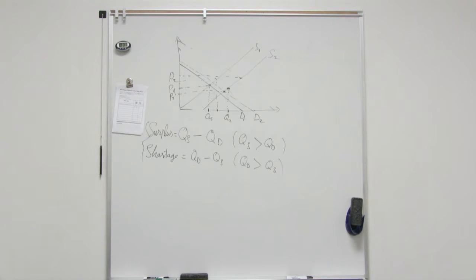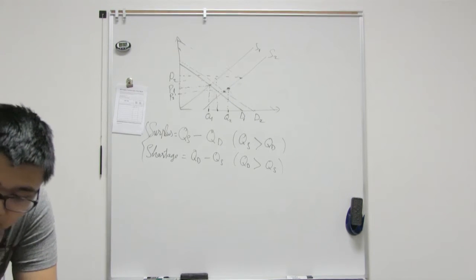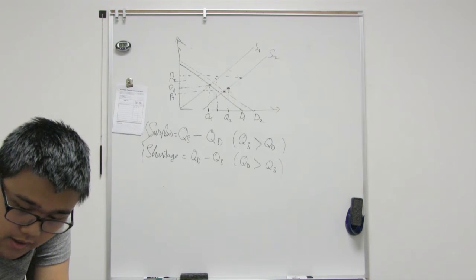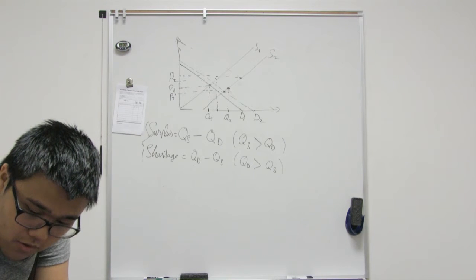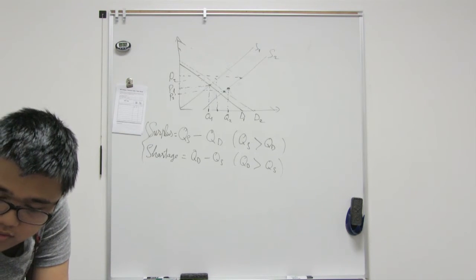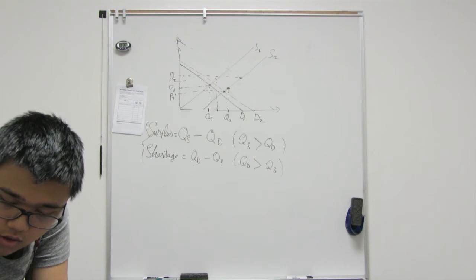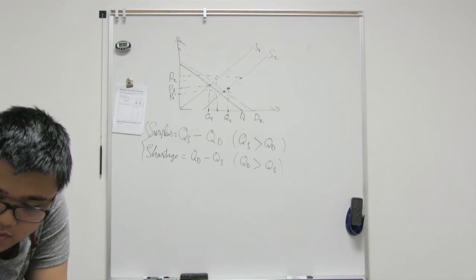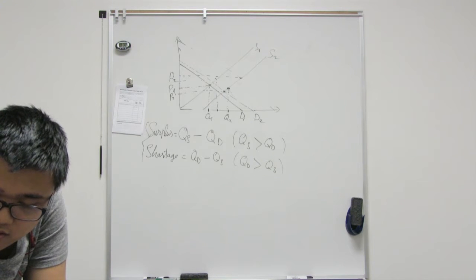So the quantity is actually indeterminate. Where's your graph? So supply will decrease, and demand will increase. Is that your old demand right there, your first demand curve?